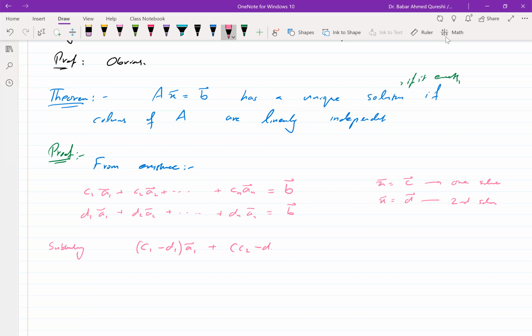Another interesting result you can draw: an n by n matrix A is non-singular, so you can check if it has an inverse or not, if and only if column vectors of A form a basis.